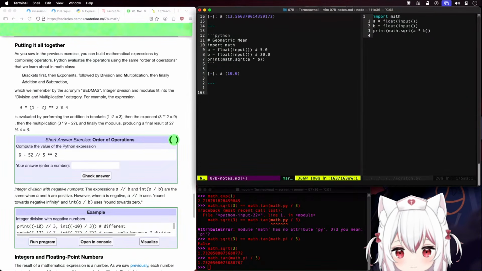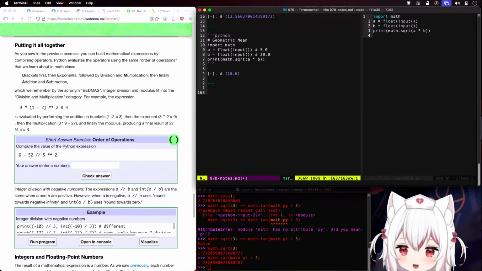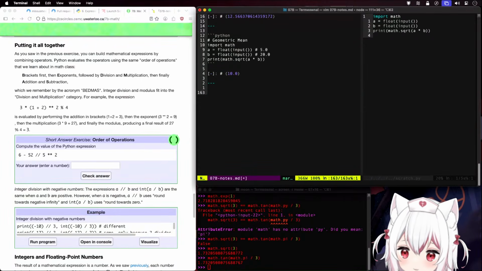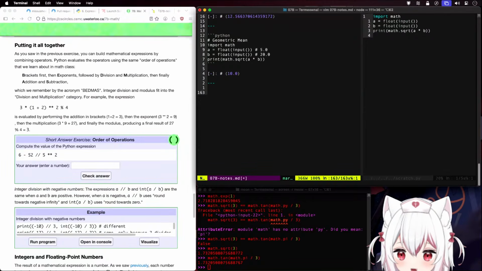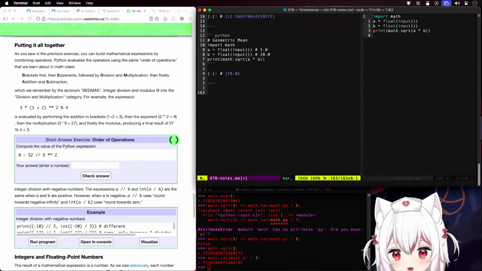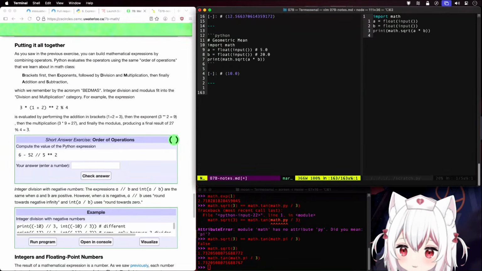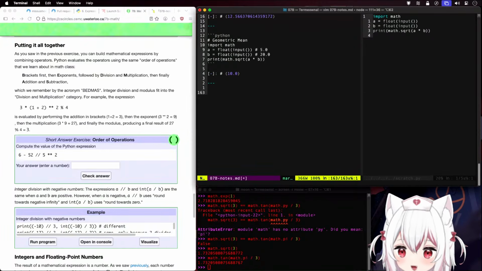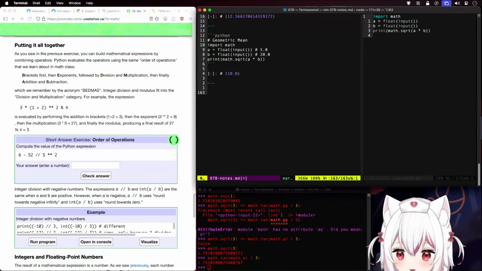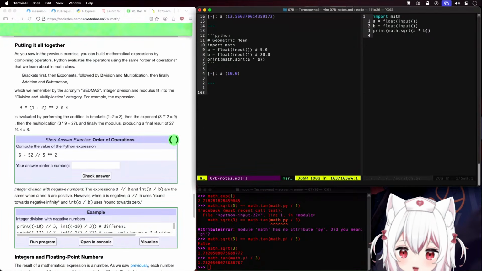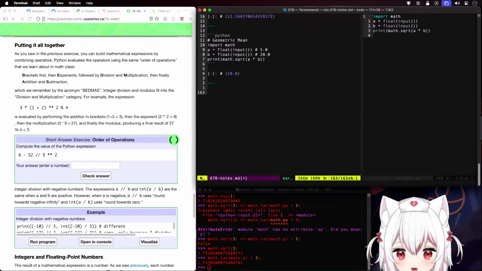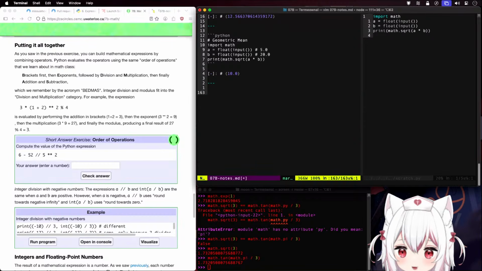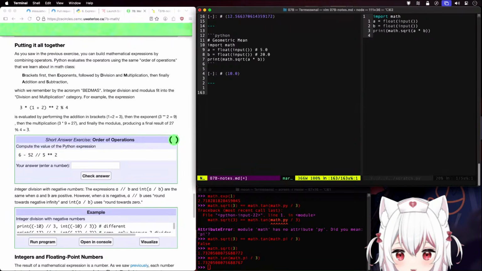For example, the expression 3 times (1 plus 2) raised to the power of 2 modulo 4 is evaluated by performing the brackets first. So 1 plus 2 is 3. Then the exponents, right? 3 to the 2 is 3 times 3, which is 9.